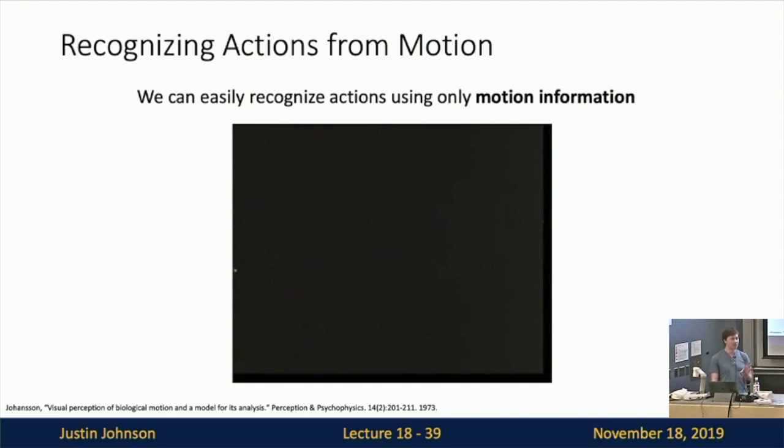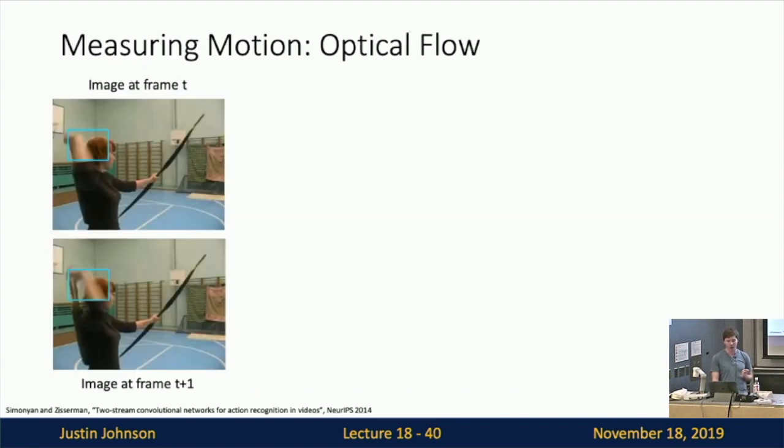Motivated by this fact that human beings seem able to do a lot with just motion information, there's a class of neural network architectures that try to more explicitly represent motion information as a primitive inside the network. To make this concrete, we need to talk about how you can measure motion information more quantitatively using computers.